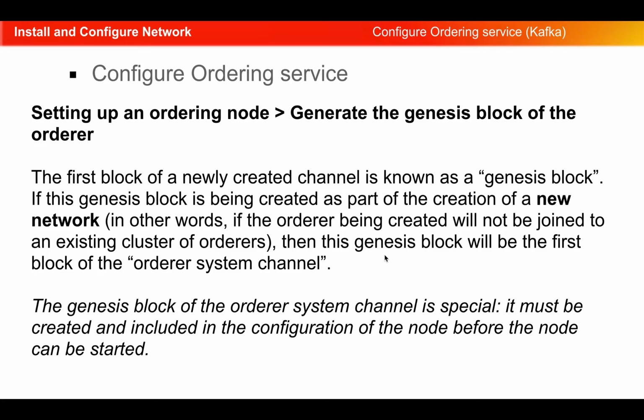We have learned about different types of channels in the previous lecture. The Genesis block of the orderer system channel is special, which means it must be created and included in the configuration of the node before the node can be started.